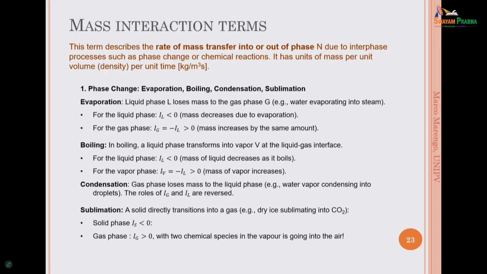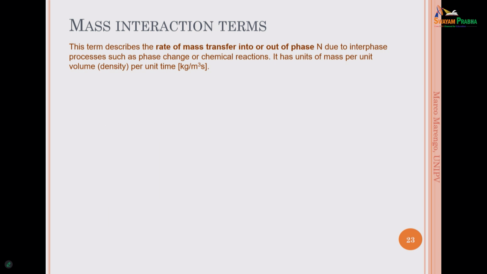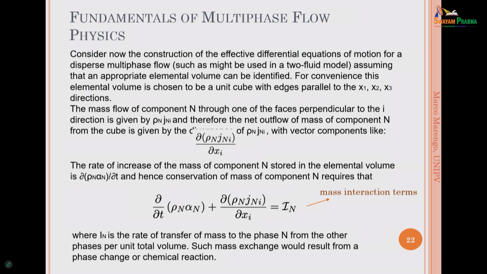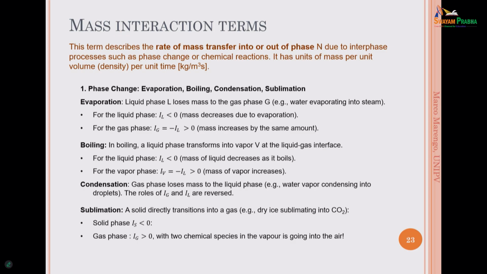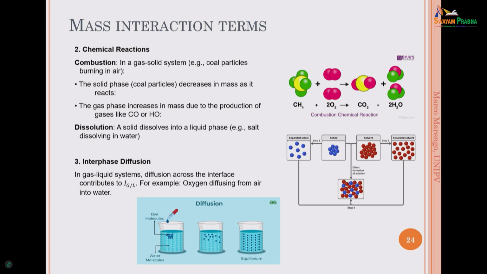The mass interaction term, as you can see from the equation here, has the dimension of density over time, so kilogram per cubic meter per second. And this is again very important because in two-phase flows we may have this kind of phenomena. Or, for example, we can have chemical reactions. Chemical reactions also change the mass of one component with respect to the other.